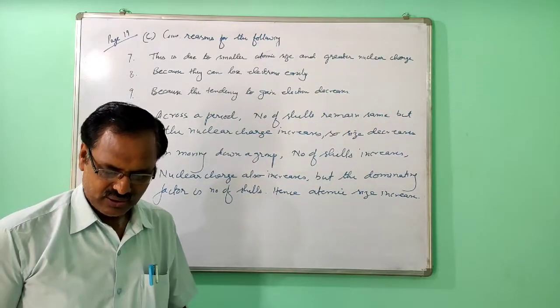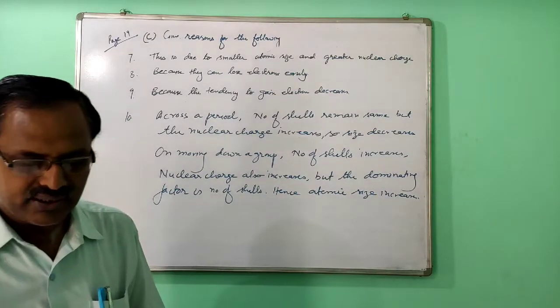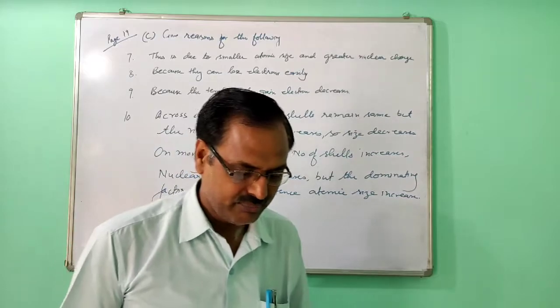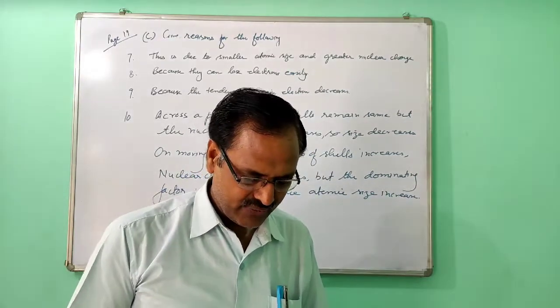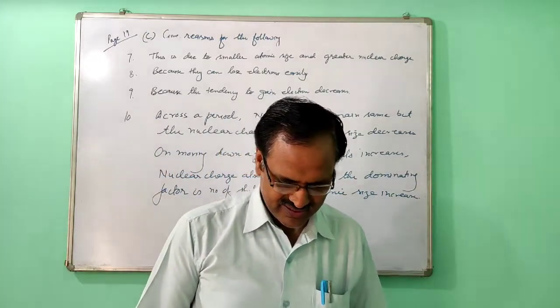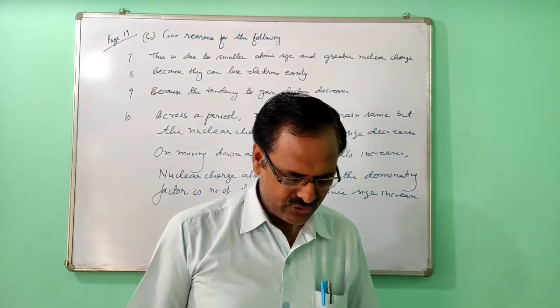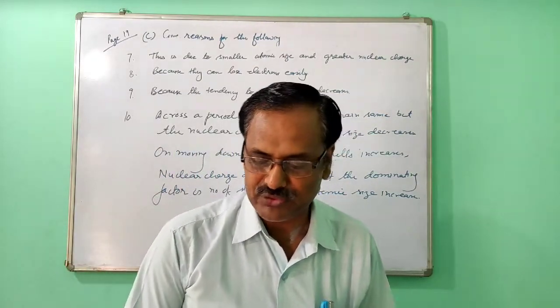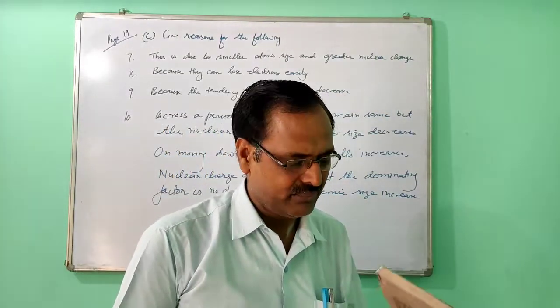Now next one, you take the unit test paper 1. Here in the unit test paper, question number 1, 2, 3 and 4 you can do in your book. 6th also you can do in your book. Only for the 5th, give the reason that you can write in your copy. So I am going to write the answer here on the board.